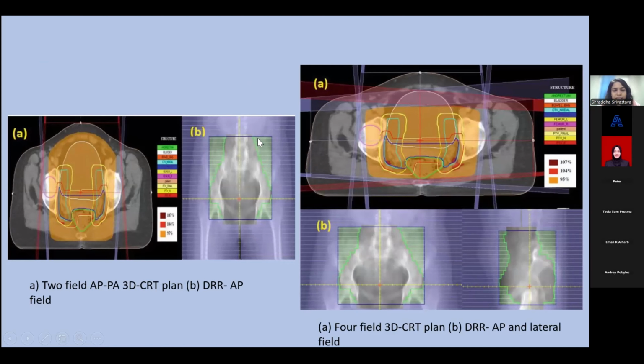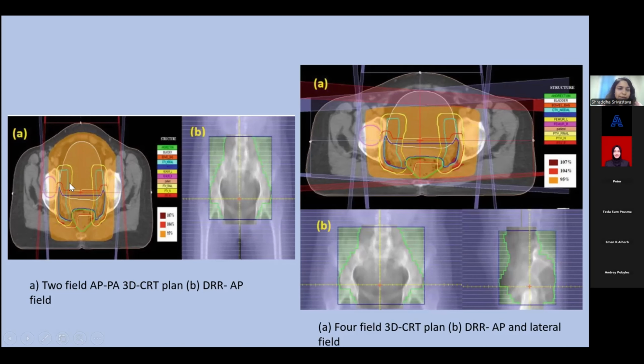That is, the multi-leaf collimators are surrounding the tumor volume, and the tumor volume will receive the radiation, which is just conforming to it. So unnecessary parts of the soft tissue or the normal tissues will not get exposed, and the radiation will be confined to this part of the tumor volume, which has been contoured on the CT scan. So like in this CT scan, we can see this red color contour is the PTV, which is the tumor volume, as well as this cyan or blue color represents the nodal area.